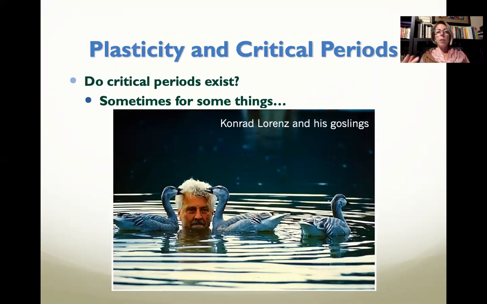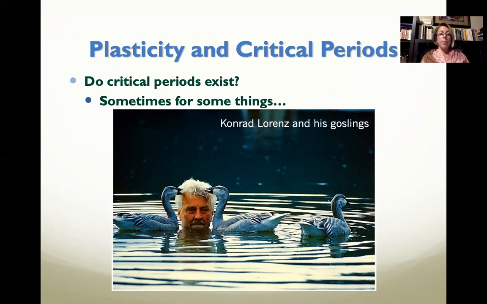So when we're talking about plasticity, we get into the issue of critical and sensitive periods. So critical periods are the notion that if it does not happen at this developmental point in time, at this stage, at this age, it will not happen, right? Critical is, if it doesn't happen now, it's not happening, period.